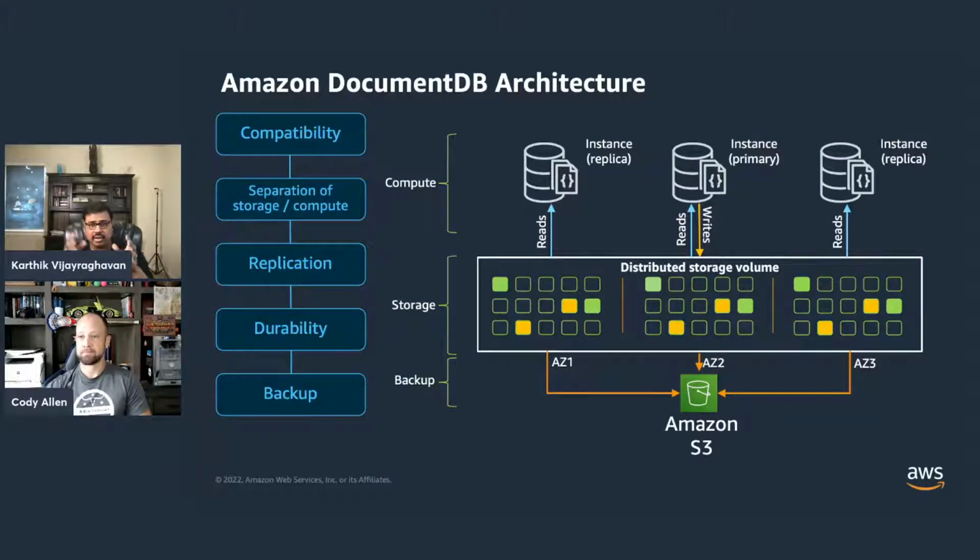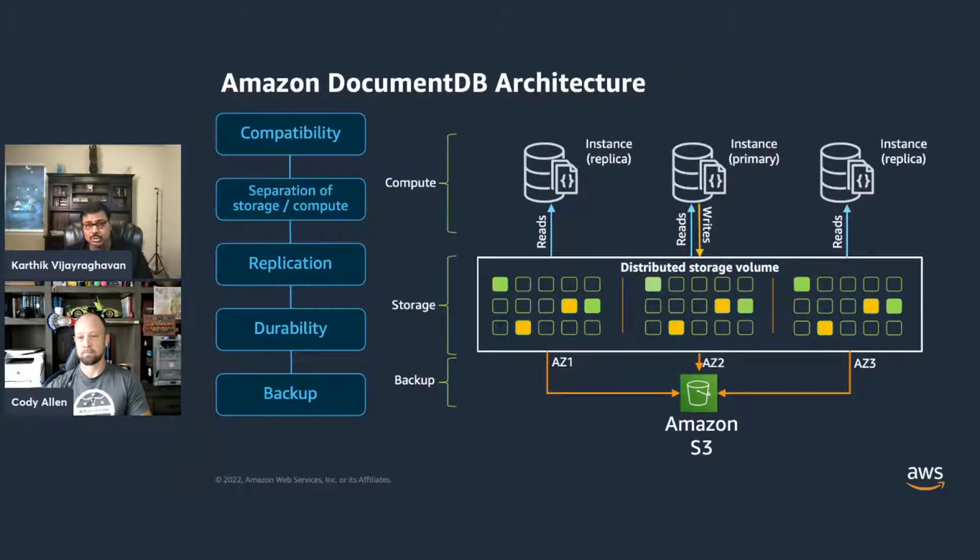Now, the other angle, if you look at this architecture, is on how the tasks are managed, right? If you look at replication tasks, I talked about how the data is replicated 6 ways across 3 AZs. This is a very database-specific task, right? This task is offloaded to the storage volume. And why should you care about it? It is important to know that because your instances on the top do not participate in this replication.